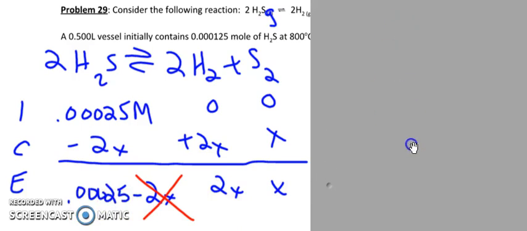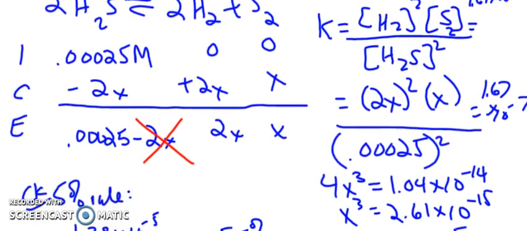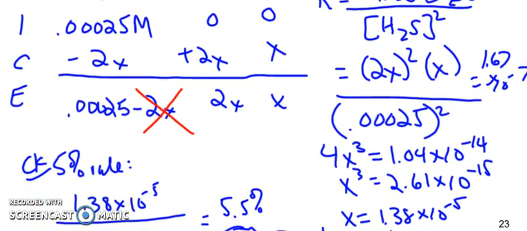Go through all the math and see what value you get. Well, here's my math. Plugging my values in again and solving for x, this time I got x is equal to 1.38 times 10 to the negative fifth. Now take your 5% rule, and 5% of 0.00025.